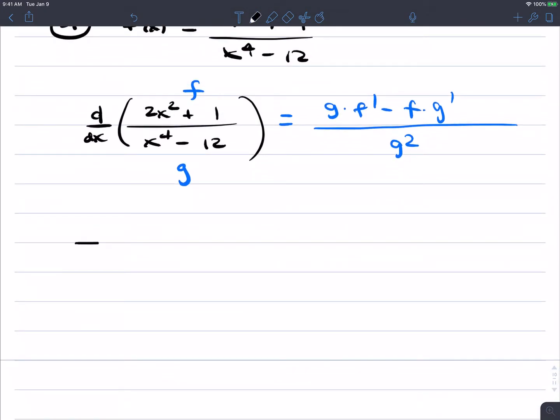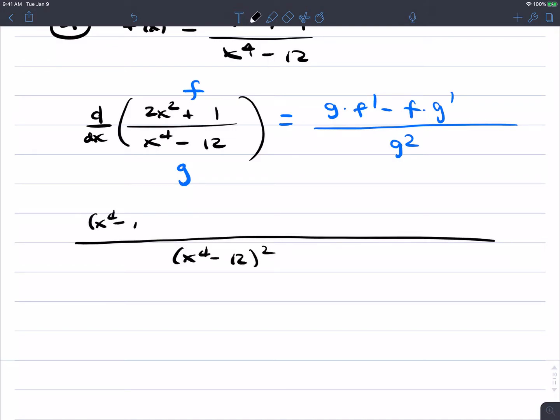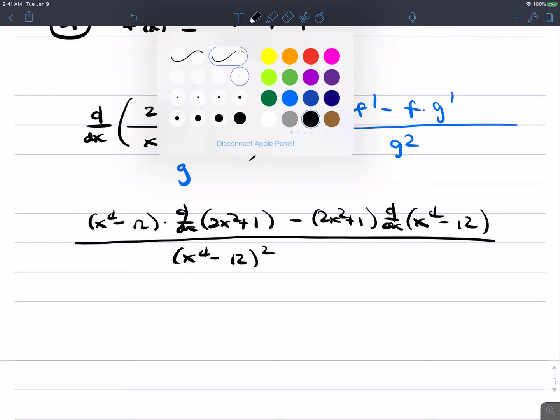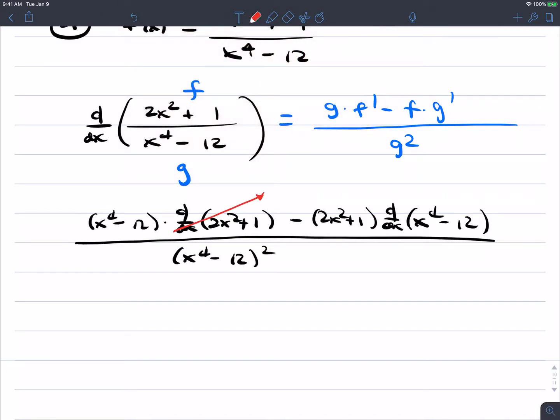Here's what you end up getting. x to the 4th minus 12 squared in the denominator, and in the numerator x to the 4th minus 12 times the derivative of 2x squared plus 1, minus 2x squared plus 1 times the derivative of x to the 4th minus 12, which is 4x cubed.